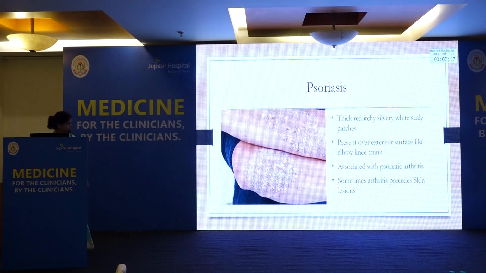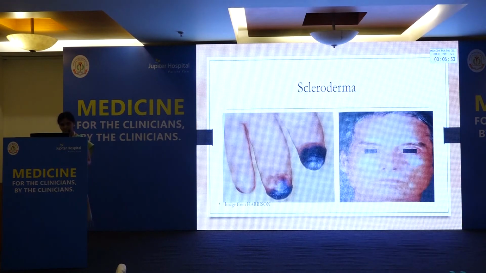This kind of rash is usually present over the extensor surfaces like the elbow, knee and trunk. In 10 to 15% of patients the arthritis precedes the rash, but in other patients, when the patient presents with arthritis, they have an associated rash as well. So it gives us a diagnostic clue towards the diagnosis of psoriatic arthritis.